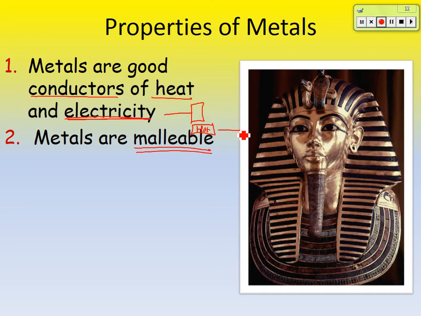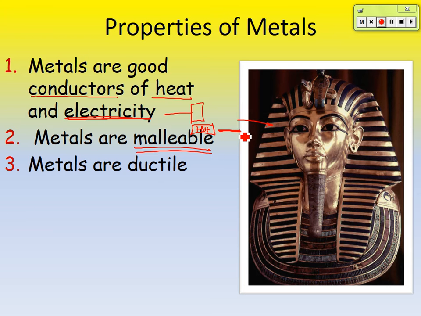Yeah, like aluminum foil, right? King Tut, this is not pure gold right here. They just used a little bit of gold foil and plastered it over the top. And that's how they got it to look like that. So metals are very malleable, which means you can hammer them into thin sheets. You can shape them.